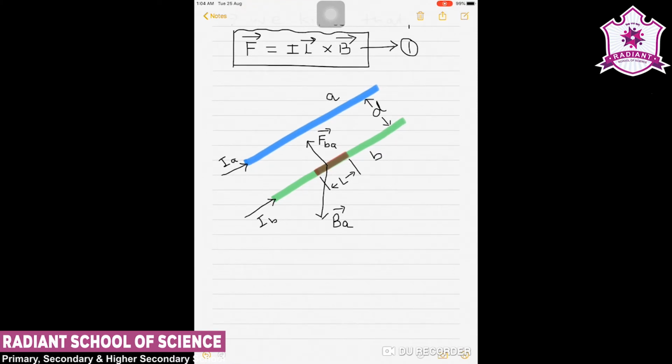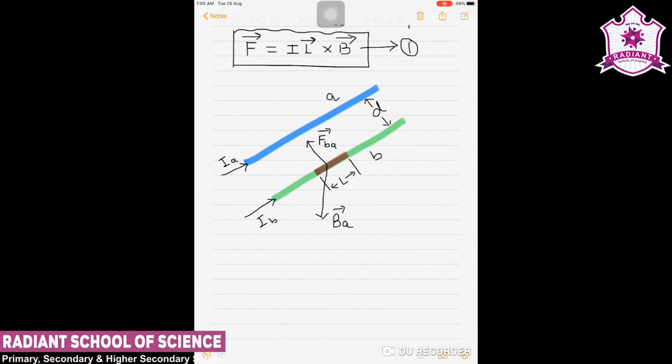Now we know that we are given a long current carrying conductor, that means here we consider two wires of long dimension. Here long wire means what? Again, long wire means their length is comparatively very large with respect to the radius of their cross section. So here wire A and wire B are considered two parallel long wires.